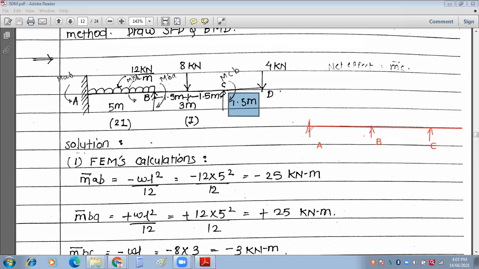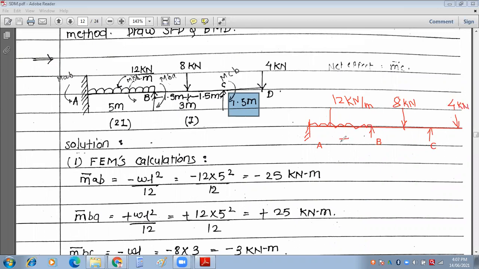This end is fixed. It carries a UDL. It carries a point load at center, 8 kilonewton, and here the UDL of 12 kilonewton per meter. Here is the free end containing the 4 kilonewton point load.